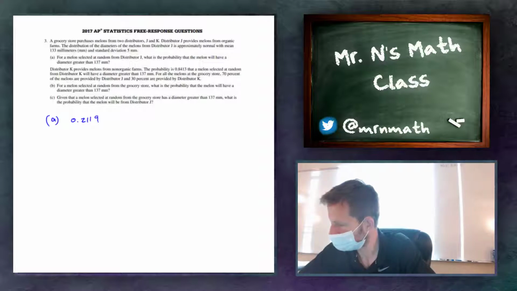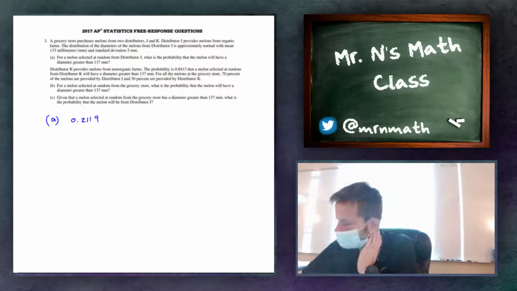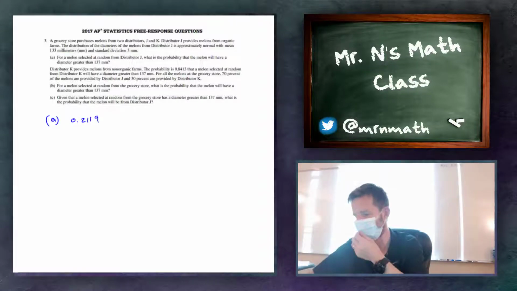For all melons at a grocery store, 70% of the melons are provided by distributor J and 30% are provided by distributor K. All right, so the store has a combination of melons provided by distributor J and K at a 70 to 30 ratio. For a melon selected at random from the store, what's the probability that the melon will have a diameter greater than 137?